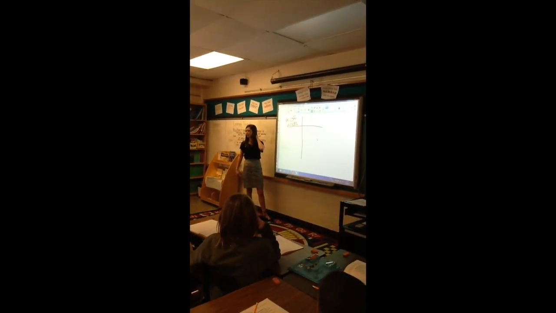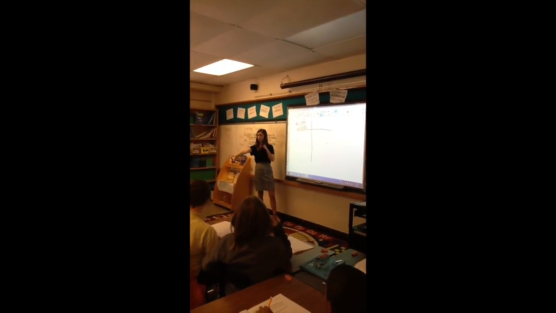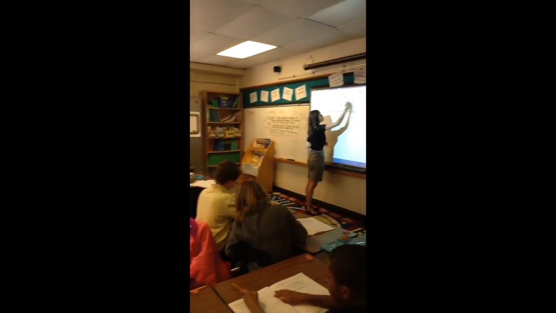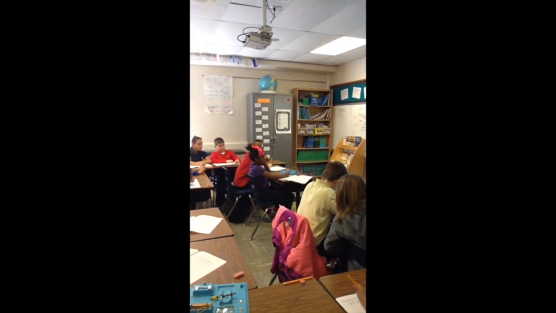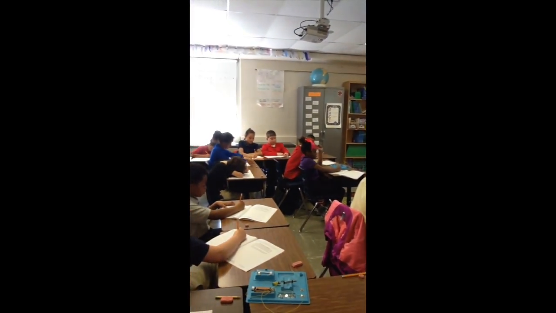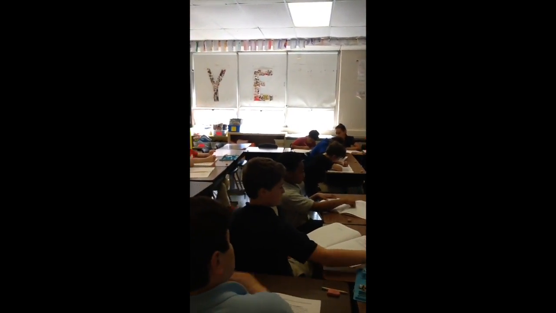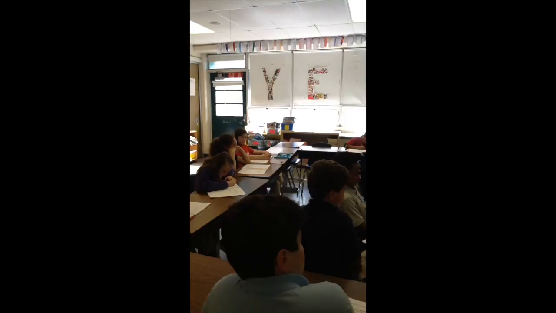On the right side, what are we counting? How many what? How many what it picks up? Washers. So number of washers. Number of lines and number of washers.